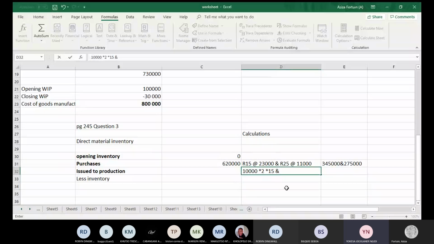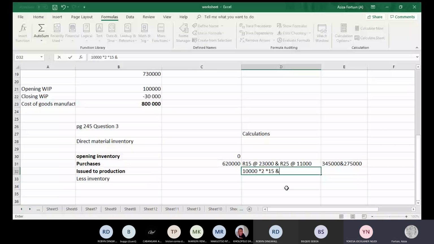And then the same scenario goes for the other one. It's going to be 10,000 units times 1 times 25, which is 250,000.